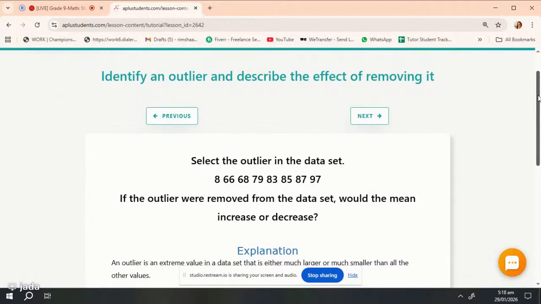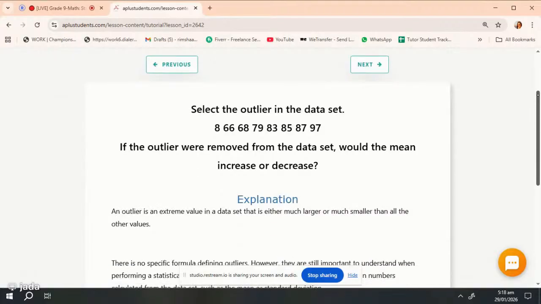So first of all, we're going to check it out. Basically, the outlier is the biggest number, or basically the smallest number, there, okay? It means that it's either a small or a larger number.